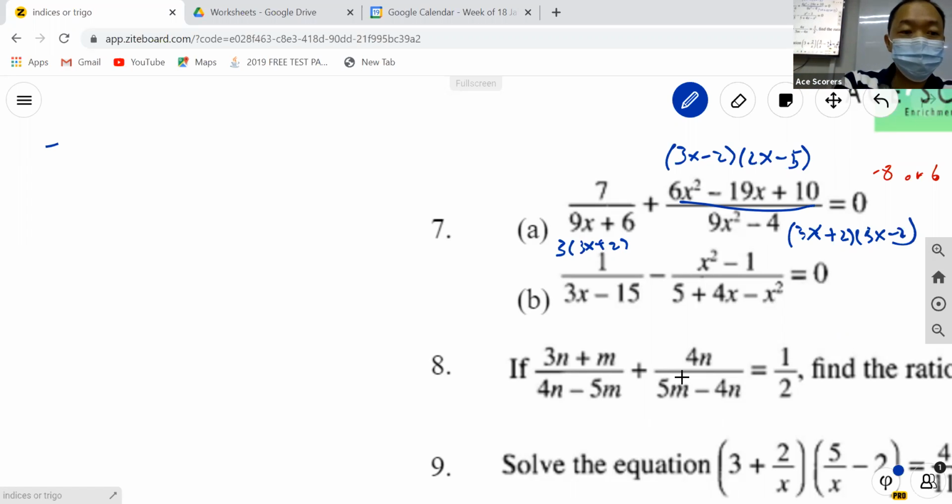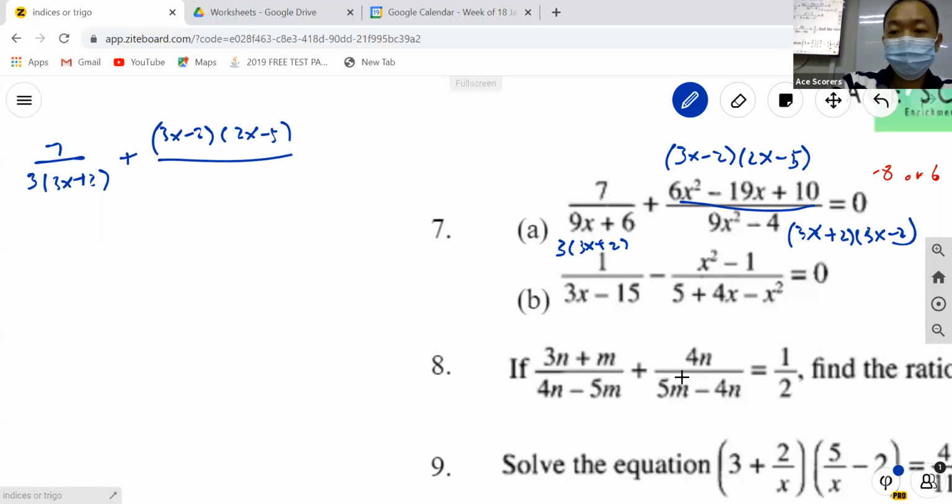Just rewrite it here. 7 over 3 plus. Okay.